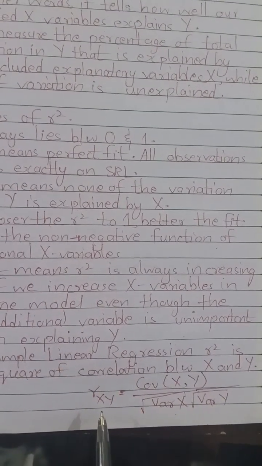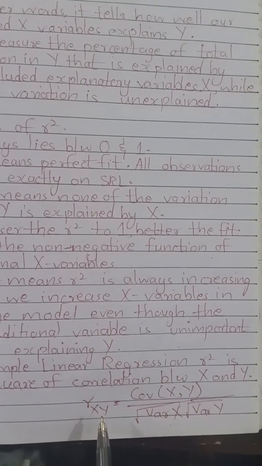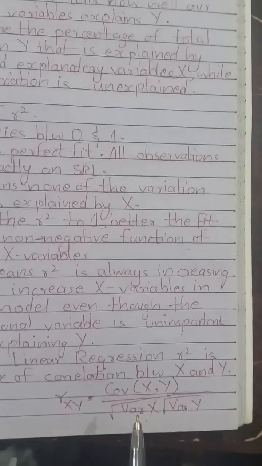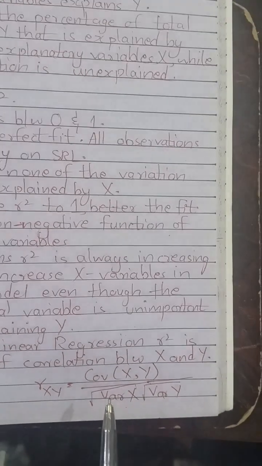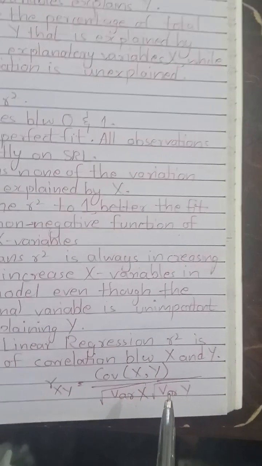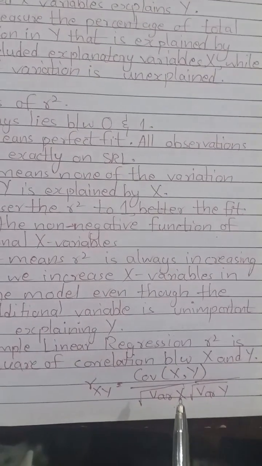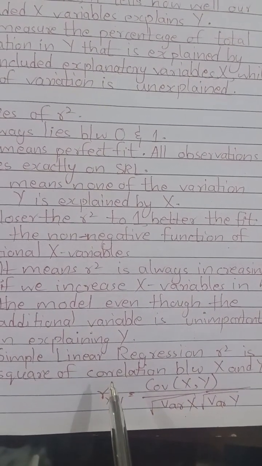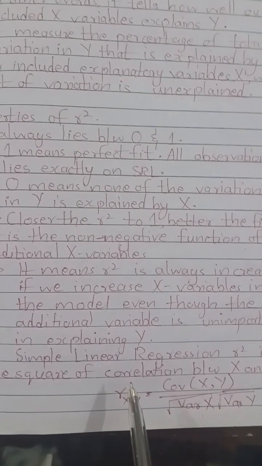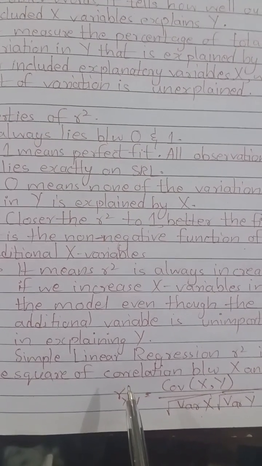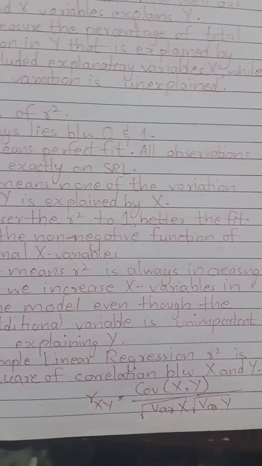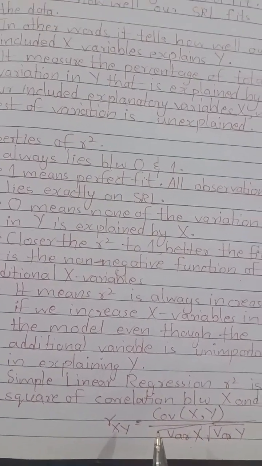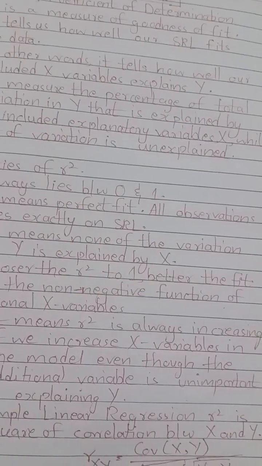Look at this formula of R, the correlation coefficient between x and y, which is equal to the covariance between x and y divided by the standard deviation of x multiplied by the standard deviation of y. If we square this, we get the coefficient of determination, which always lies between 0 and 1. This holds true only for simple linear regression, but not for multiple linear regression.